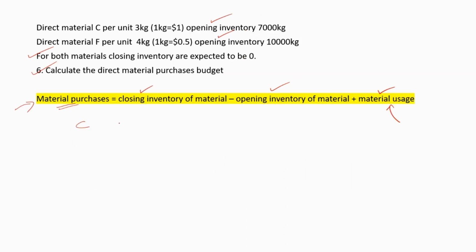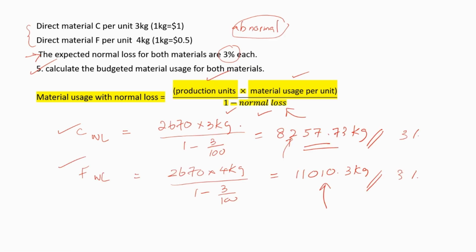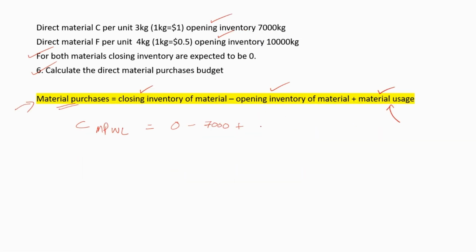So for material C, the material purchase with loss is equal to closing inventory of material, which is 0, minus opening inventory of material, which is 7,000 kilograms, plus the material usage with loss, which is 8,257.73. So the company has to buy 1,257.73 kilograms of material C for the next year.